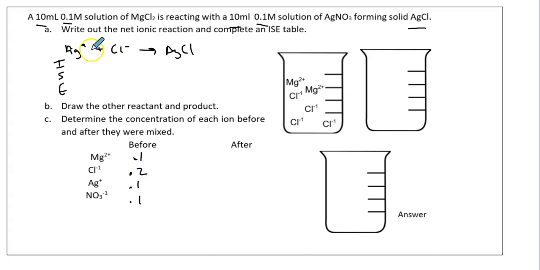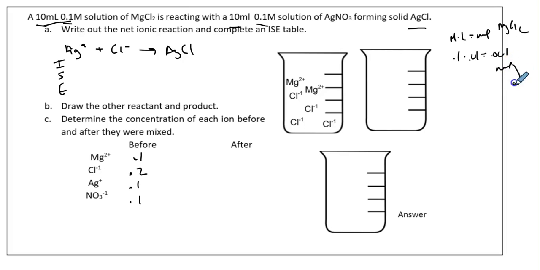Okay. So I'm going to use moles for this as I plug in my ICE table. So molarity times liters equals moles. So that's 0.1 times 0.01 equals 0.001 moles. And this is for the magnesium chloride, this guy right here. So in this case my chloride, but this is for the whole thing.